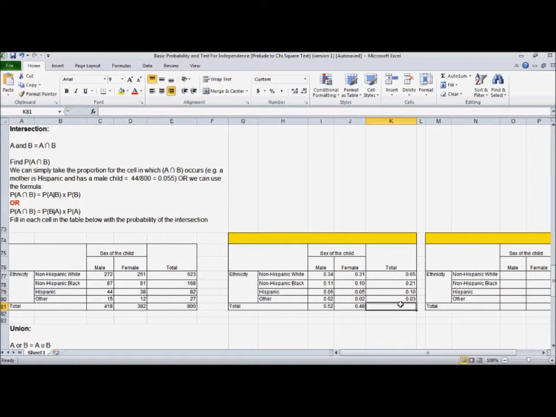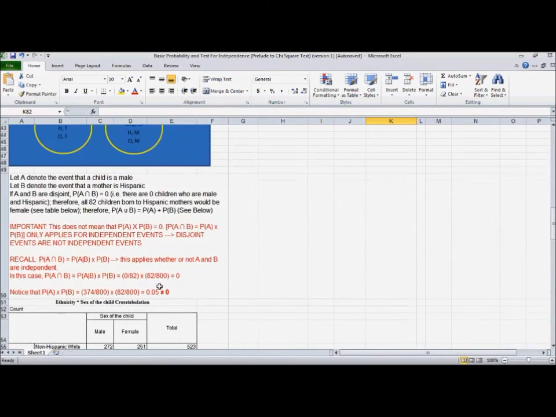Now again, this should add up to 1, right? Whether I add up the row or I add up the column, it should add up to 1. Okay, so now we are representing our contingency table with probabilities rather than counts.